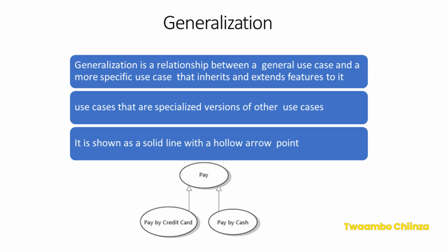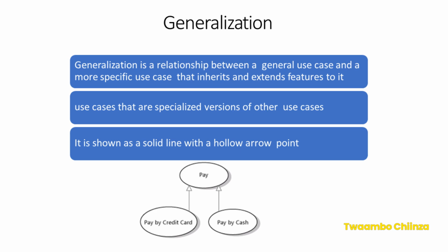Generalization in use case diagrams applies to both use cases and actors. For use cases, a general use case is extended by more specific ones, inheriting common behavior with added details. For example, a general borrow item use case can be specialized into borrow book and borrow DVD. This is shown with a solid line and a hollow arrow.